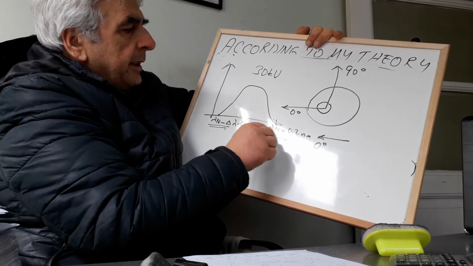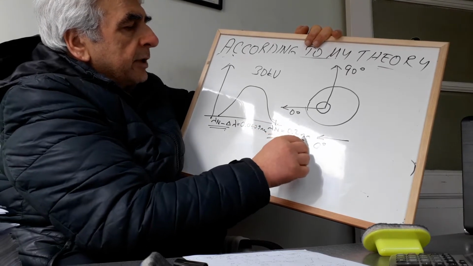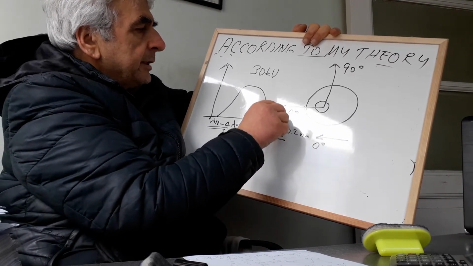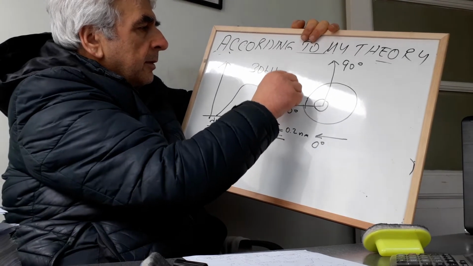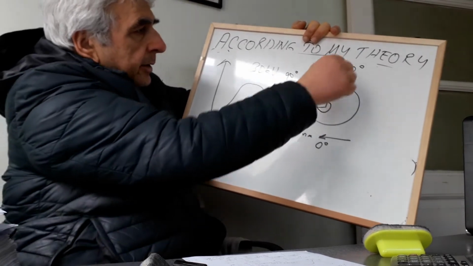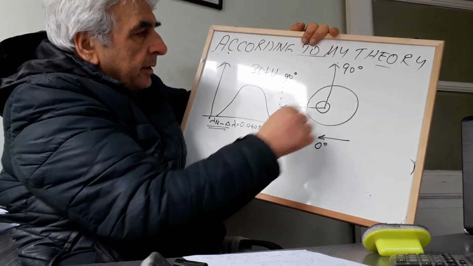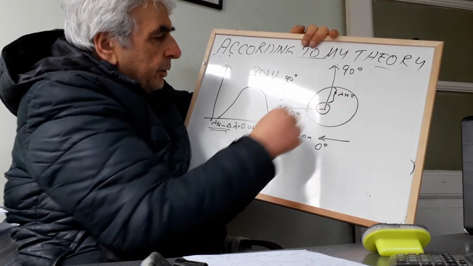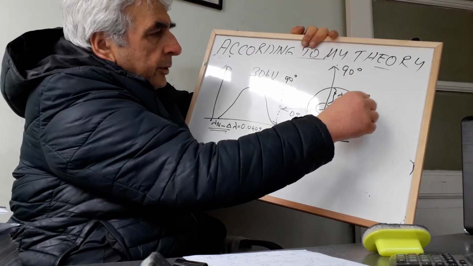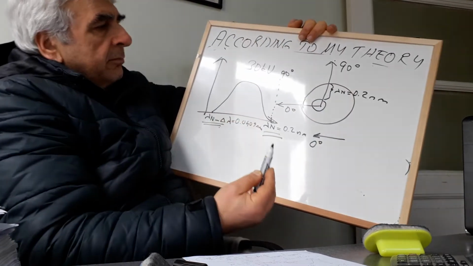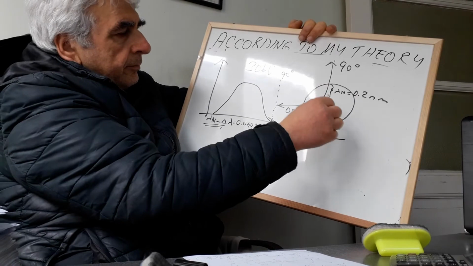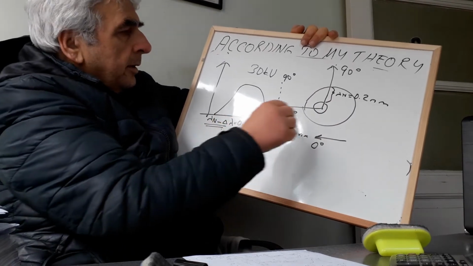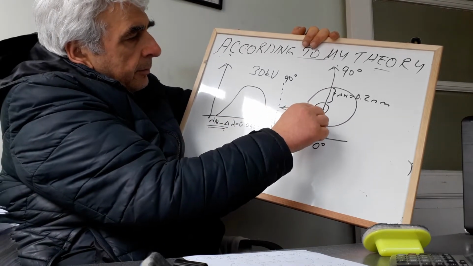Here this point Ln, 0.2 nanometer, represents 90 degree. Then here represents λn. λn equals 0.2 nanometer.